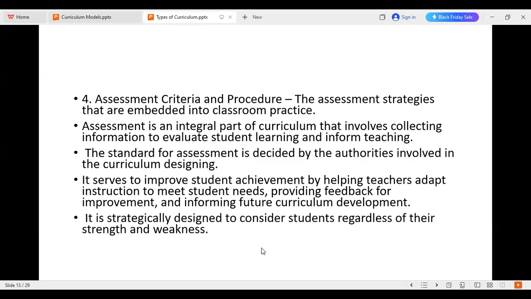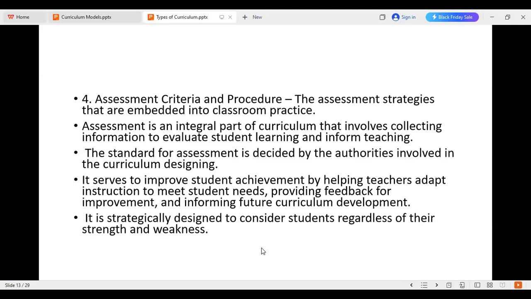Assessment is an integral part of curriculum that involves collecting information to evaluate student learning and inform teaching. The assessment should provide required information to the learner as well as the teachers. We say testing for teaching, testing for learning.